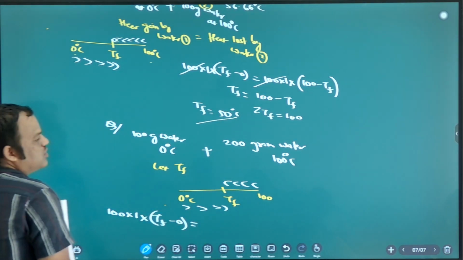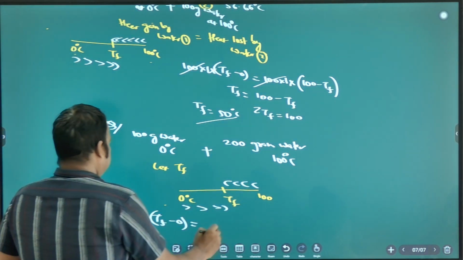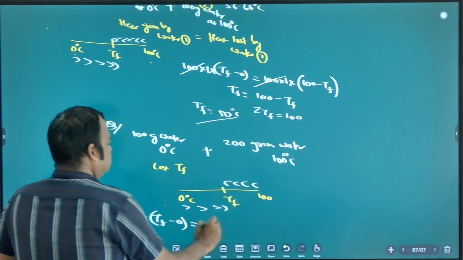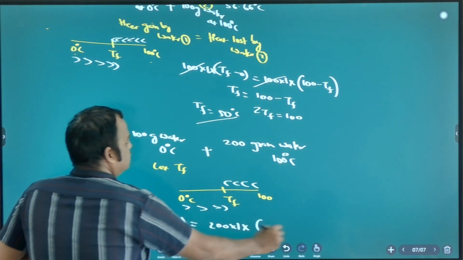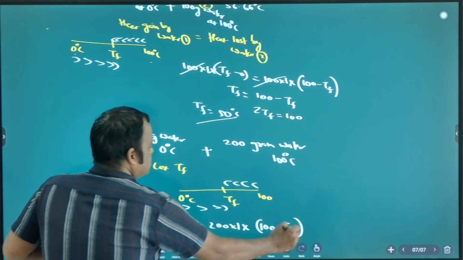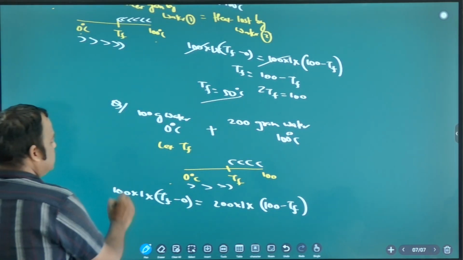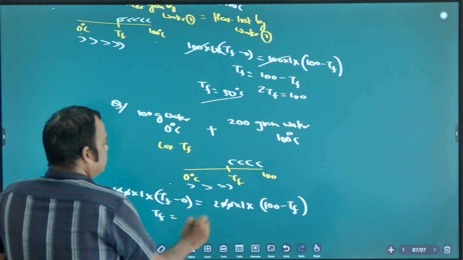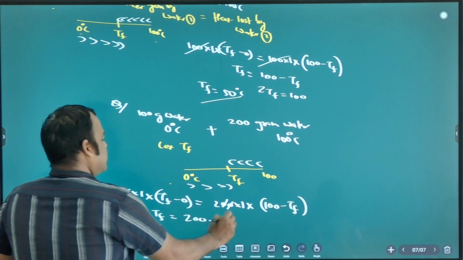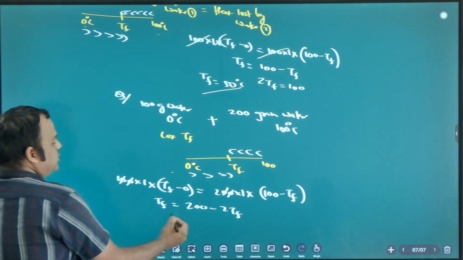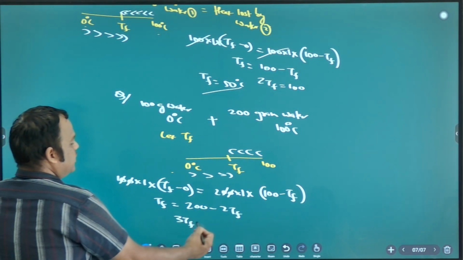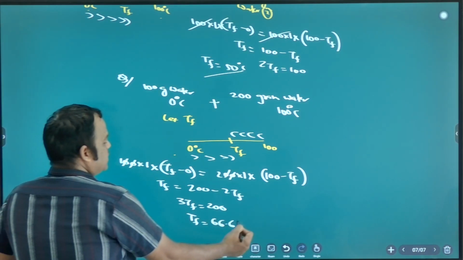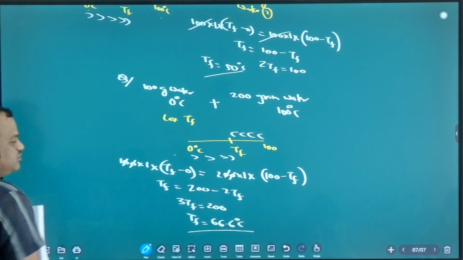What is the heat lost by 200 gram water? 200 into 1 into 100 minus Tf. Now 100 cancel. So Tf is equal to 200 minus 2Tf. So 3Tf is equal to 200. So what is Tf? 66.6 degrees Celsius. Okay, so more than 50.